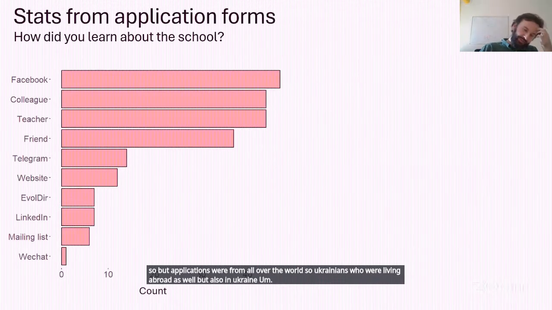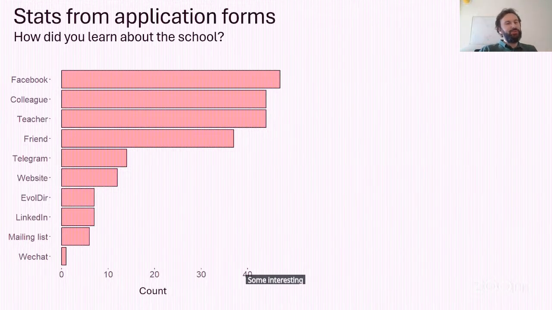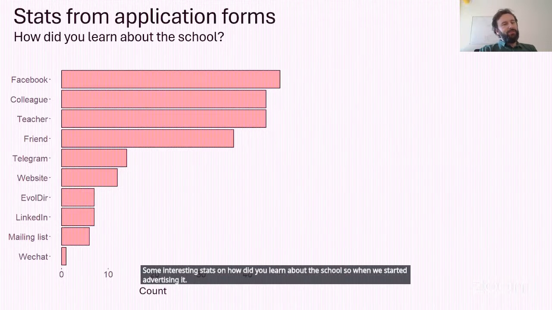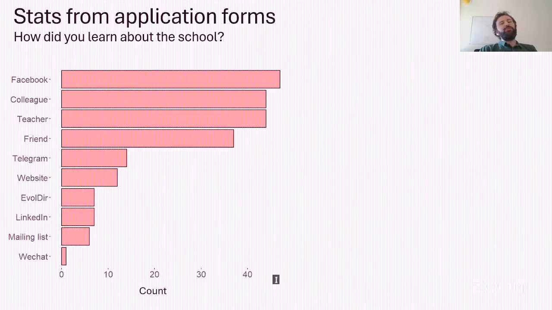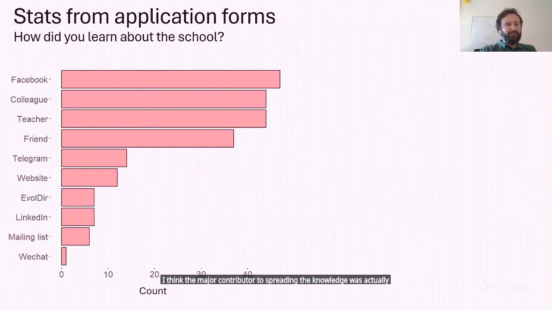Some interesting stats on how you learned about the school. When we started advertising it, I think the major contributor to spreading the knowledge was actually colleagues, teachers, and friends. So you should thank your great friends, teachers, and colleagues because they spread the information about the event.